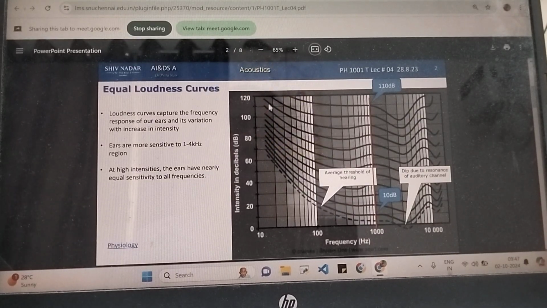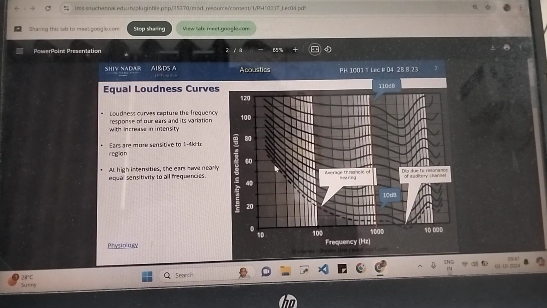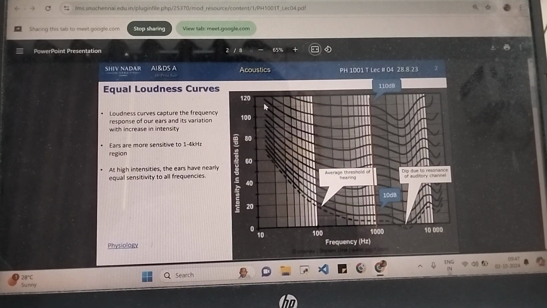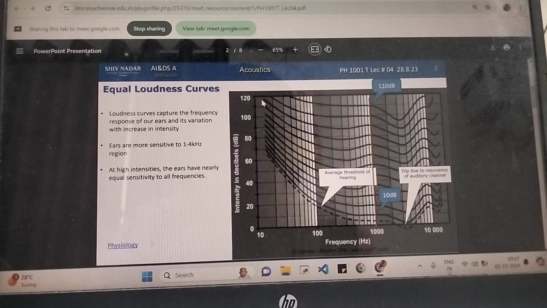So what we see is that across different frequency levels, the graph follows a more or less same shape. So the thing is, at higher loudness levels, you can perceive the sound very easily. But as your loudness comes down to, let's say 20 decibels, 40 decibels, you can perceive only high frequency sounds better.